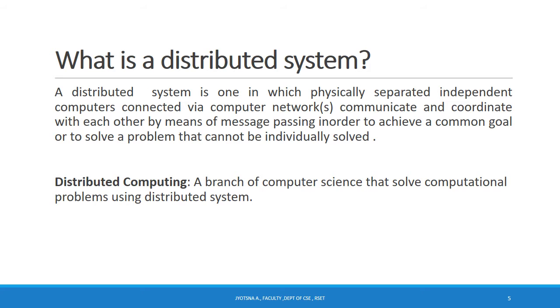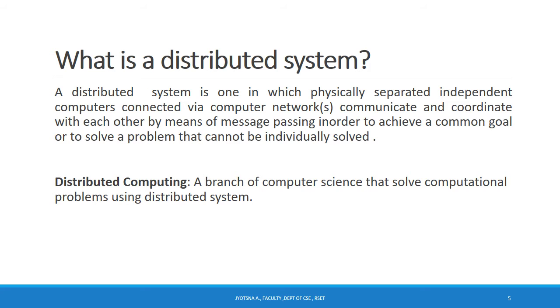I hope everyone knows the answer. You have studied computer networks in the previous semester, right? And you know, if the computers at different branches are connected, and if they are able to communicate and coordinate their activities, this enables the computers to share resources, right?